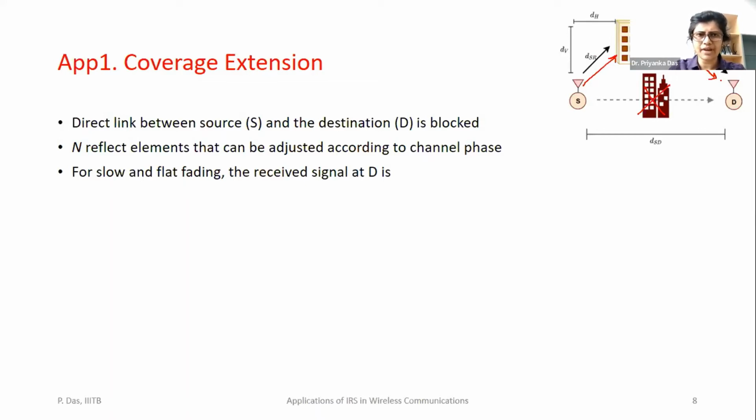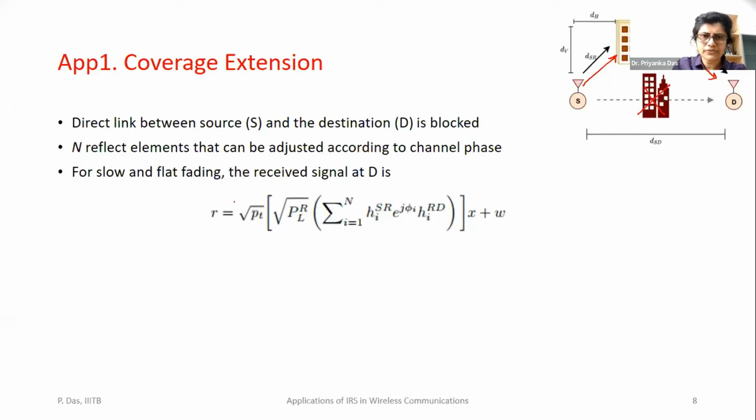And frequency flat, non-OFDM scenario, which is where you will start from scratch. What is the received signal? There will be lot of IRS elements, right? So my signal will come to all the IRS elements. It will get some extra phase shift and it will be transmitted back to the destination. So what can we write about the received signal at destination? This is my R, the received signal R, where the transmit power is PT.